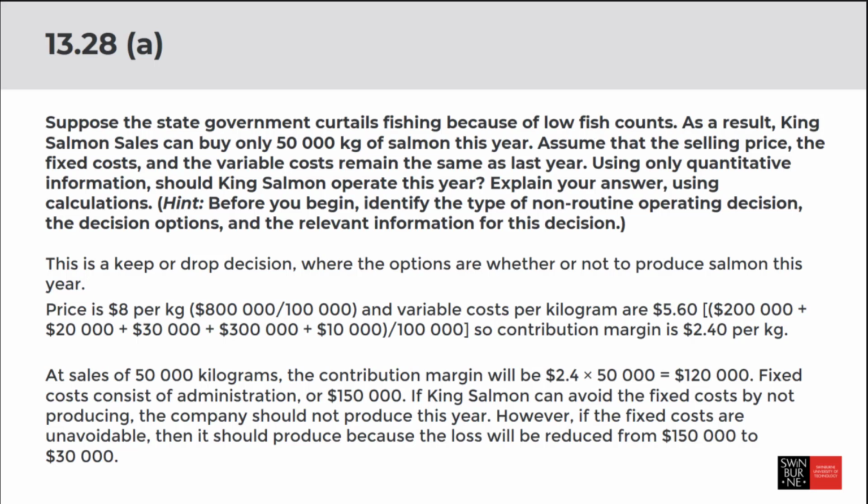However, if the fixed costs are unavoidable, then it becomes relevant that it should produce, because the loss will be reduced from 150,000 to 30,000. Even though they will not generate enough total contribution margin, at least it can still help to cover the fixed cost, even though not the whole fixed cost can be covered.